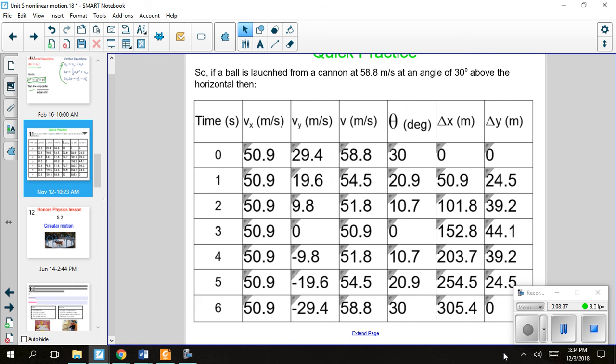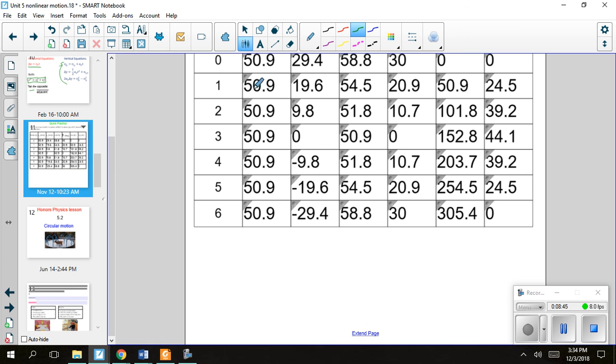Again, make sure that you are finding your components. So if we launch a ball at this 58.8, that is not the x value. The x value will equal the cosine of whatever our angle is, 30 degrees, times 58.8.